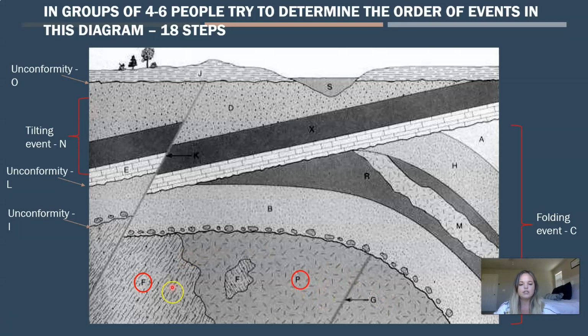Okay, so a couple of things here to note. We knew that F was older than P because of the principle of age of inclusions. Okay, so on your lab, you will be asked, based on the order that you put things in, what principle you used. Did you use original horizontality? Did you use superposition?